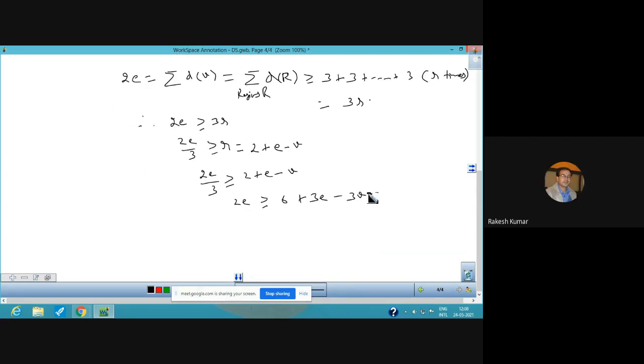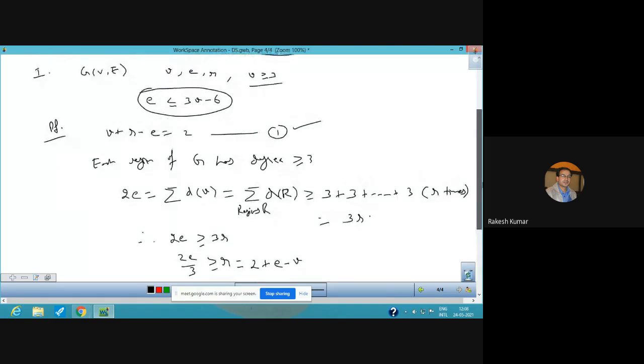And it can be taken to this side. So ultimately you will have 3v plus 2e minus 3e is greater than or equal to 6. So 3v minus e is greater than or equal to 6. So we shall have the proof, and this is the result which we wanted to prove.